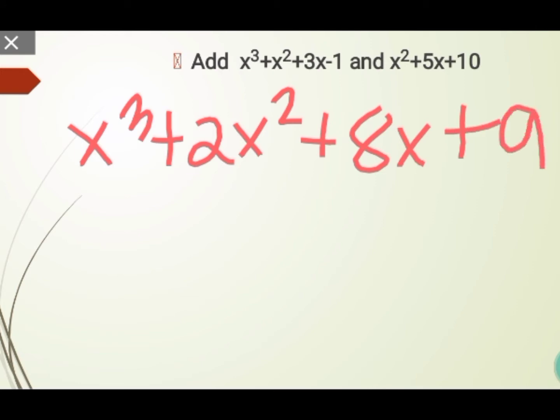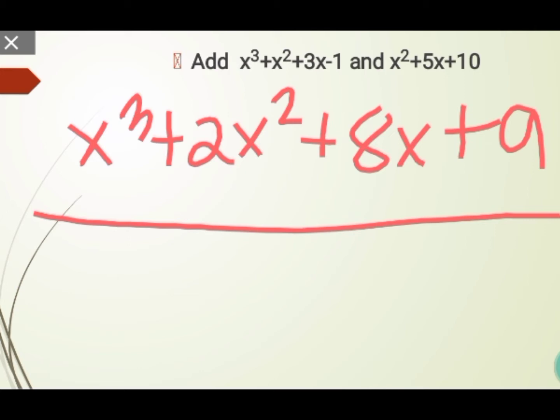So this is the answer if you add x cubed plus x squared plus 3x minus 1 and x squared plus 5x plus 10. You only have to combine the similar variables or similar degrees.